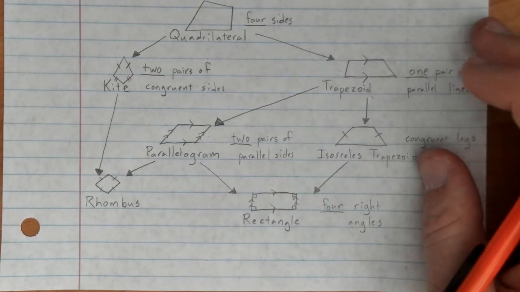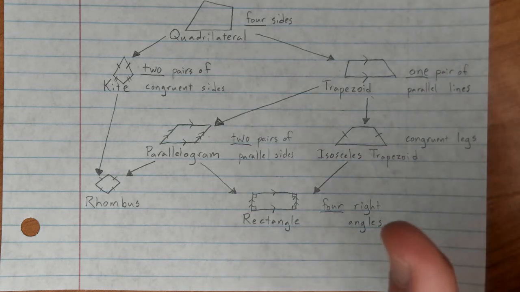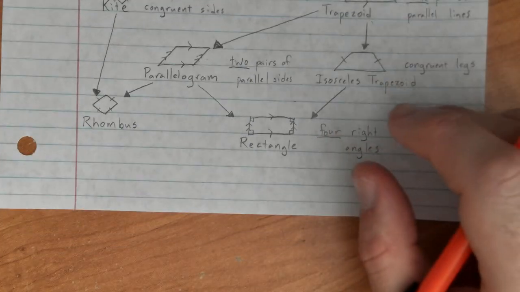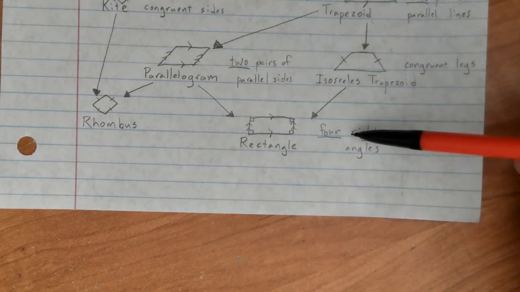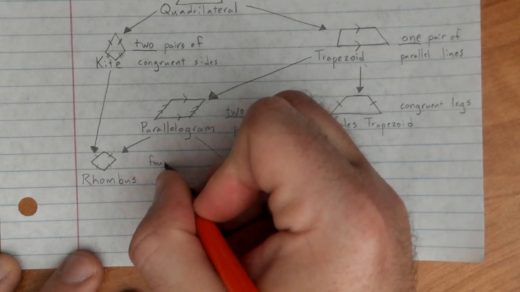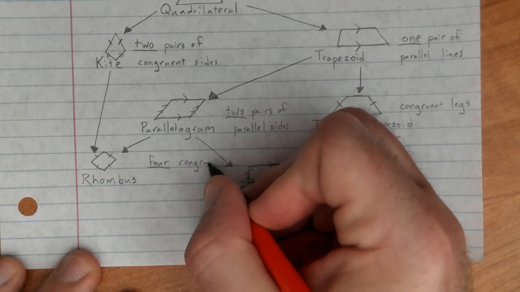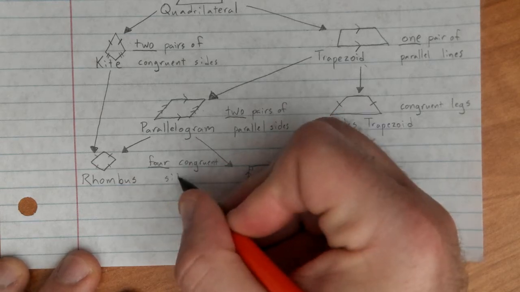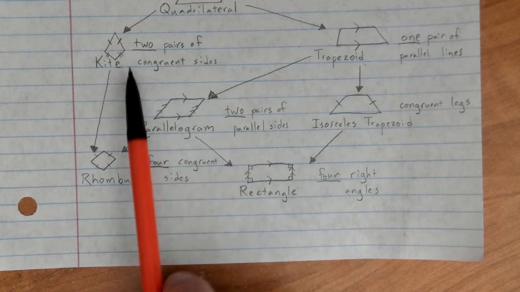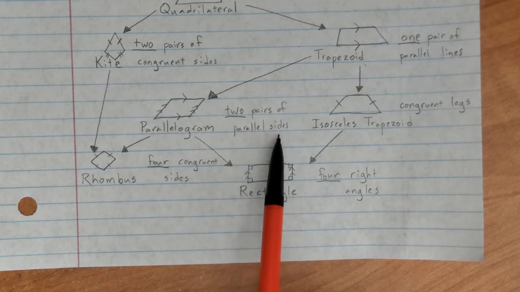Now, as I'm sure you've noticed, we have one mighty quadrilateral left. And this quadrilateral gets to be everything. It has four right angles. And I forgot to write for our rhombus that it has four congruent sides, which means two pairs of congruent sides, also two pairs of parallel sides.